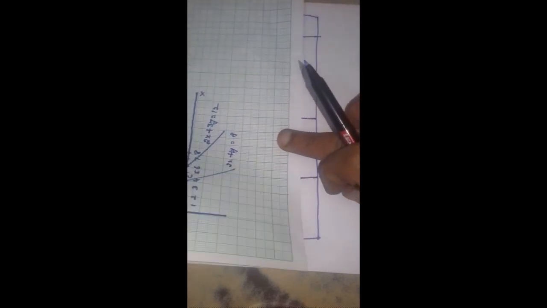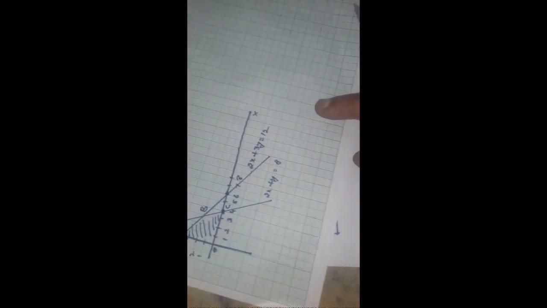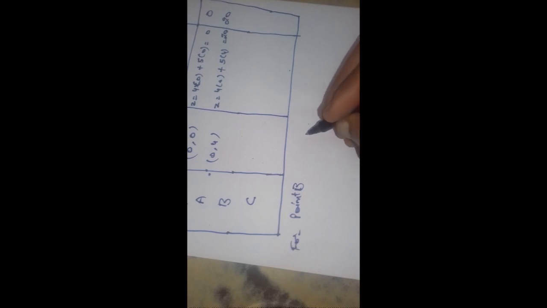It is better to solve instead of checking it on a graph. So for point B, put the first and second equations: 2x plus 3y equals to 12 and 2x plus y equals to 8.